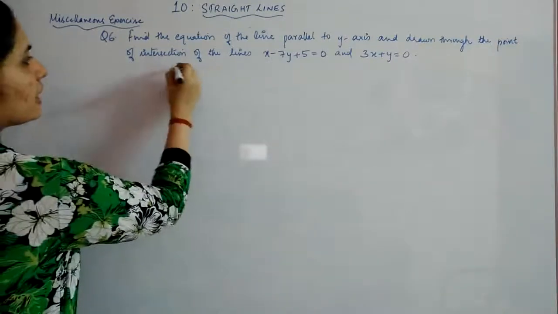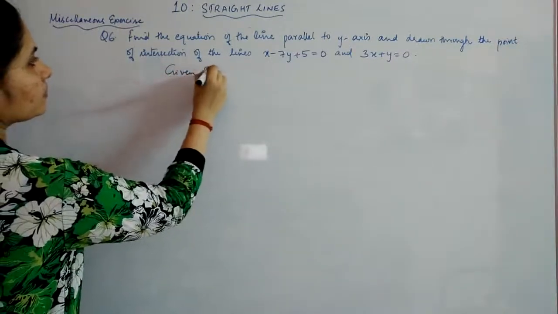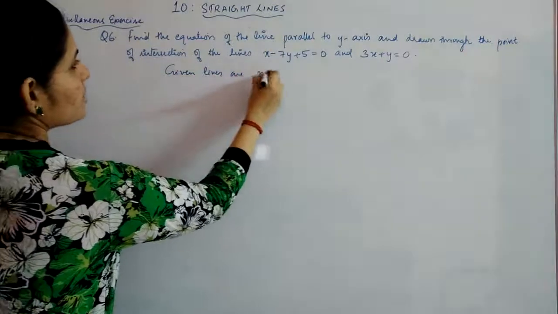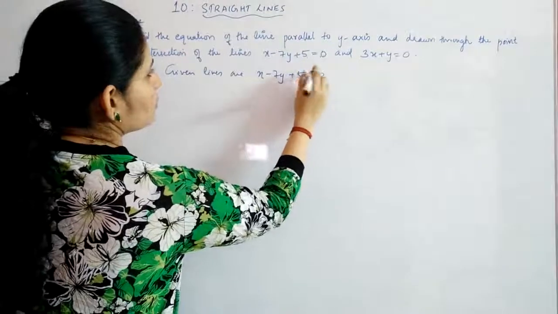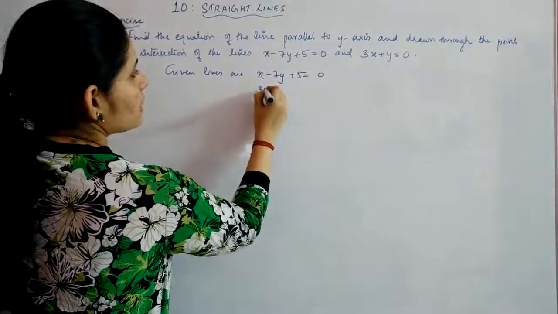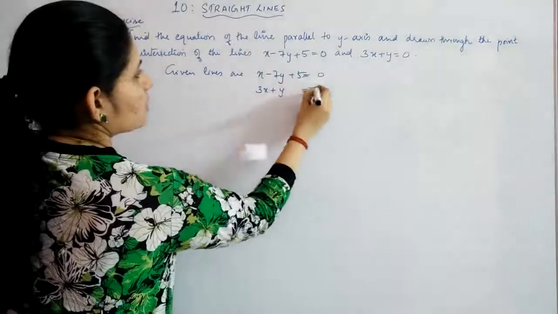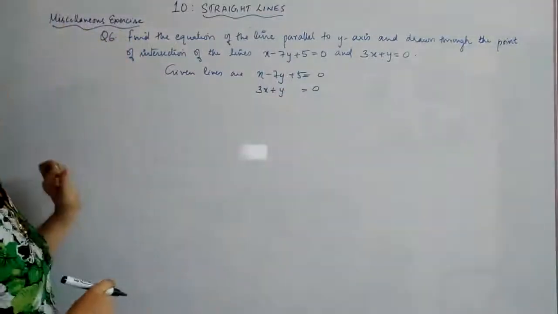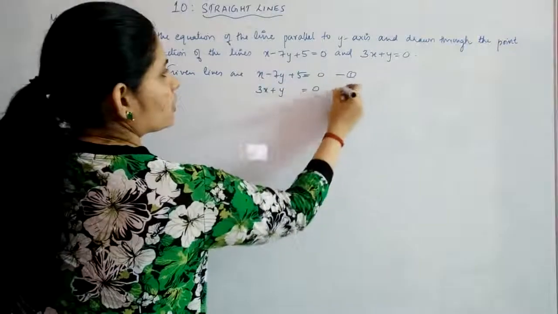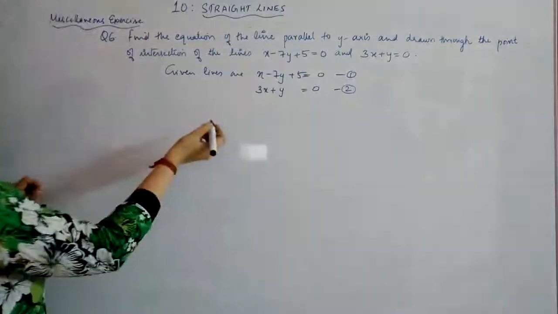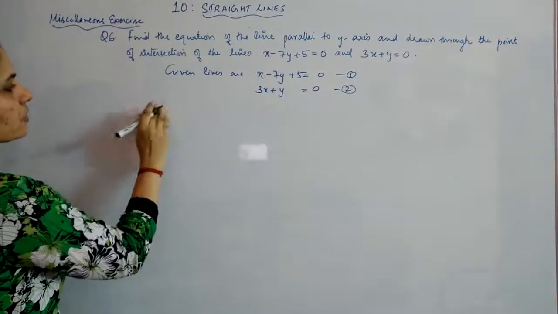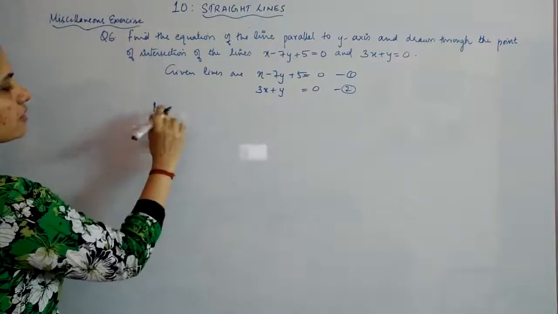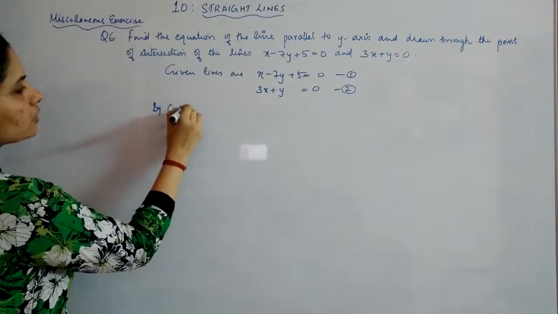The given lines are x minus 7y plus 5 equal to 0 and 3x plus y is equal to 0. Solving 1 and 2 by any of the methods, I'm just solving with the cross multiplication method.